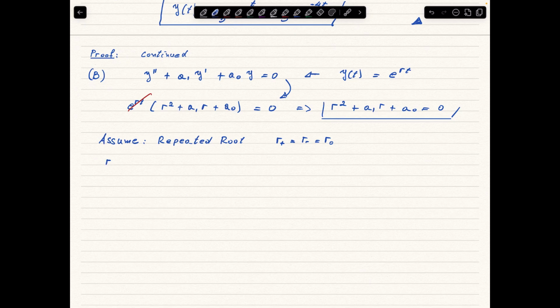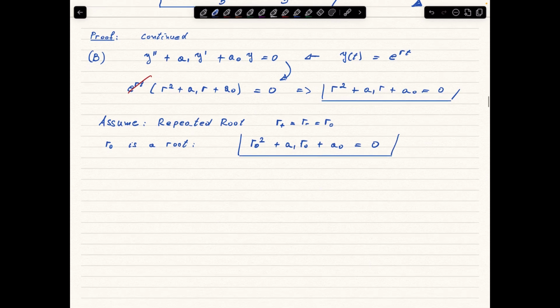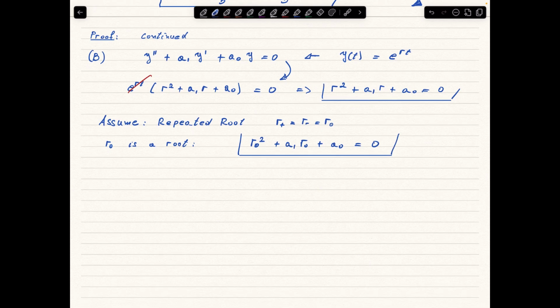One is that r0 is a root, so r0 satisfies the equation r0^2 + a1 r0 + a0 = 0. That's the first condition for r0. But we have a second assumption, which is that r0 is the only root.